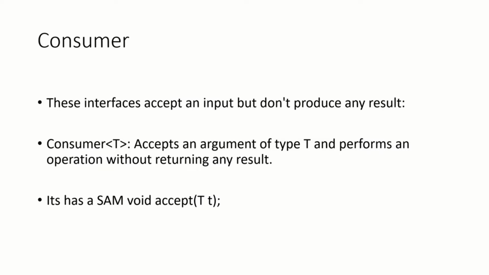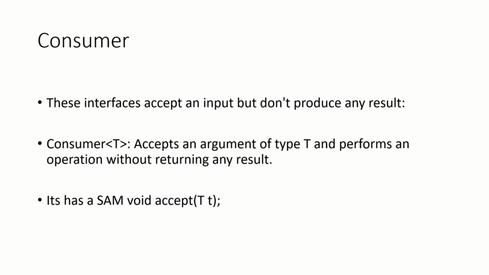That is why we say these interfaces accept an input but don't produce any result. The return type of this single abstract method accept is void. Consumer accepts an argument of type T and performs an operation without returning any result. Here it has a single abstract method called accept, its return type is void, and it takes an argument of type T.